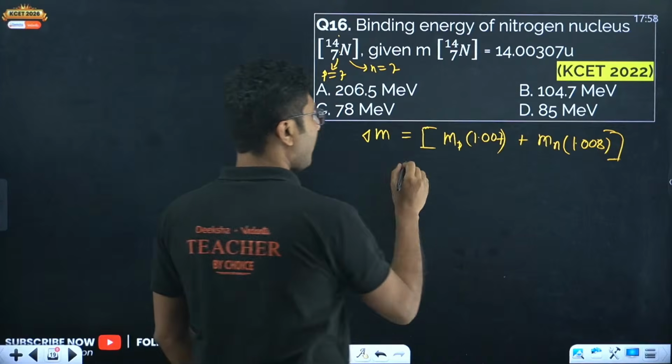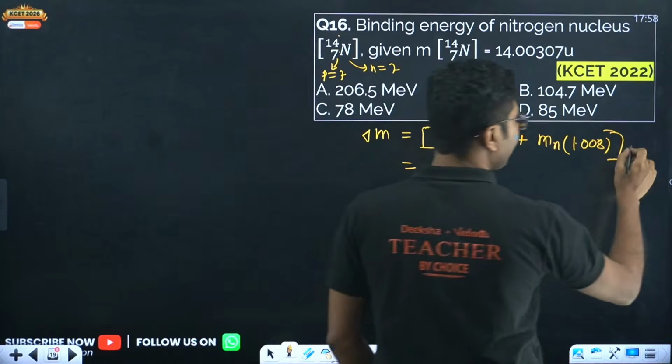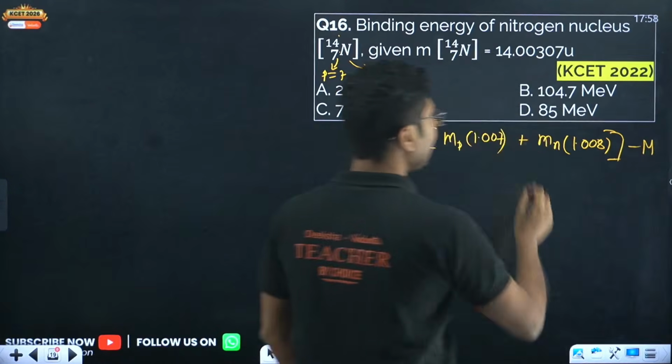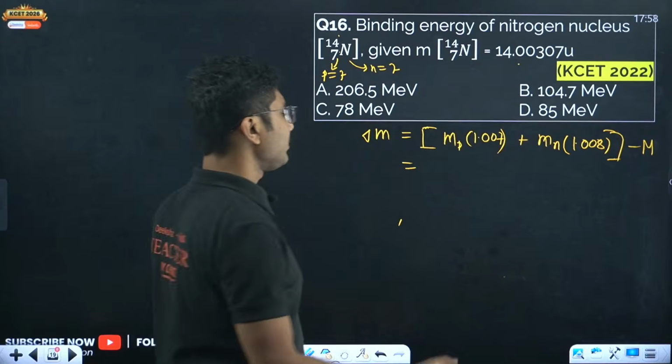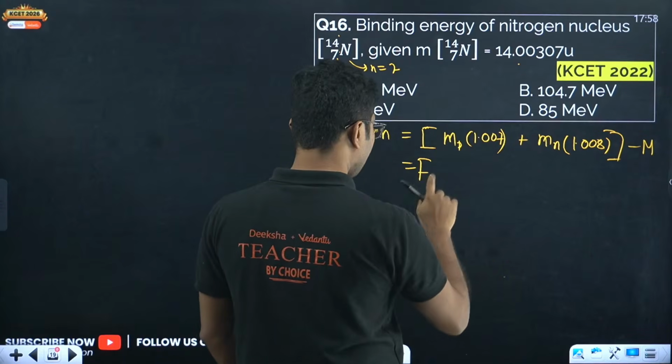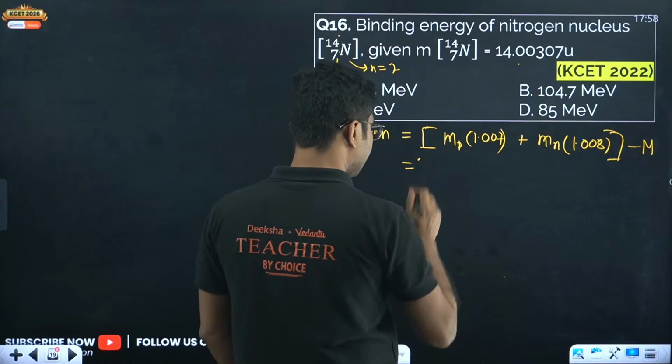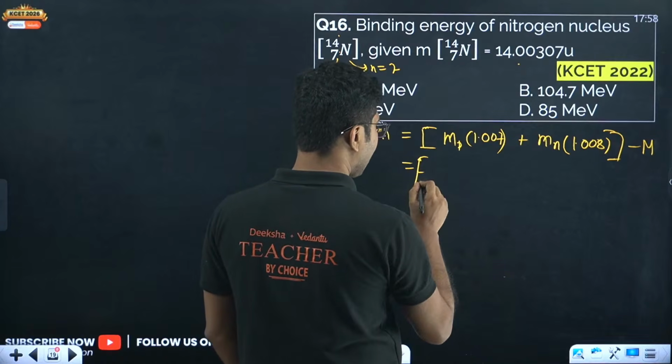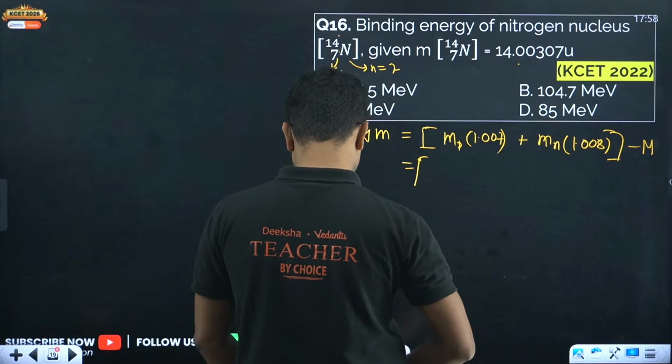Easy question. So let's calculate, and from here you have to subtract the given mass. Let's calculate the total mass of the protons and neutrons. It generally requires a calculator, but we can solve it without one as well.